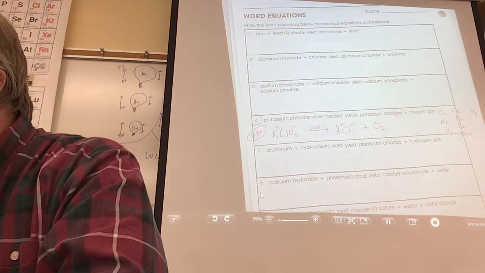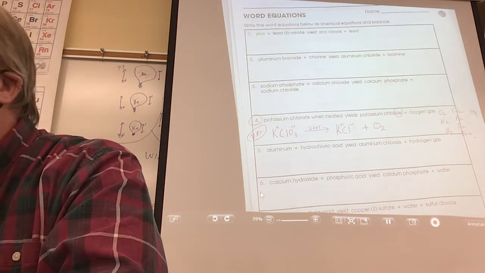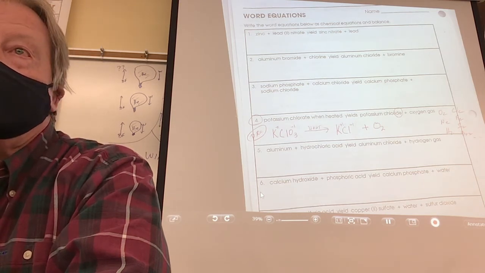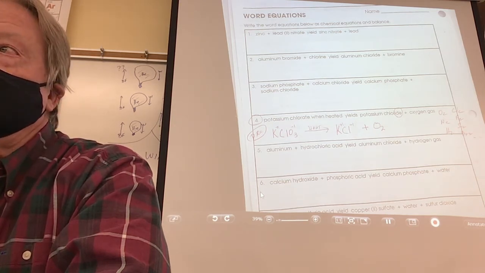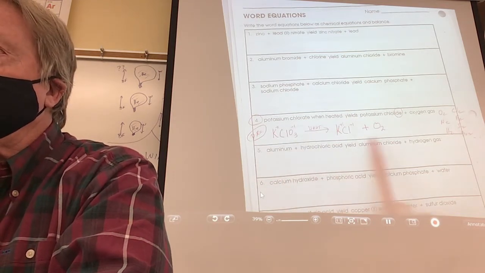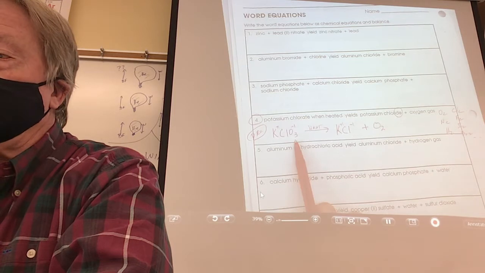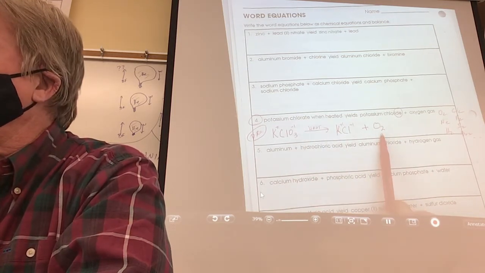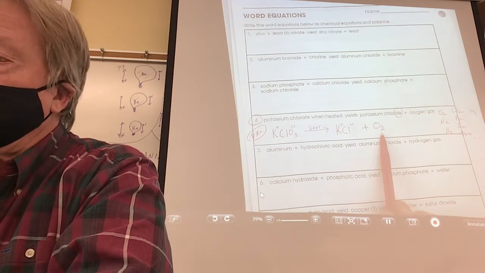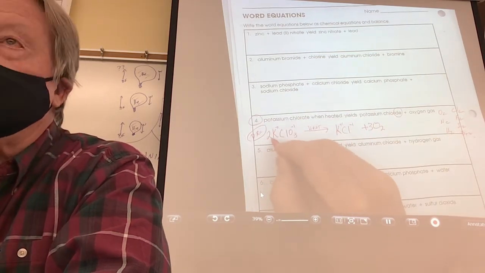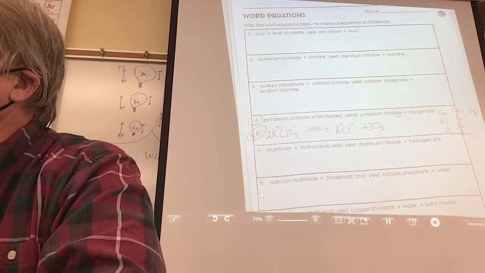Anybody see any tricks that might work? You've got to recognize them. Do you see any tricks here? I do. O3, O2. I know how to fix that. What's the smallest number that those numbers go into evenly? 6, so 3 times 2 is 6, and 2 times 3 is 6, yes?